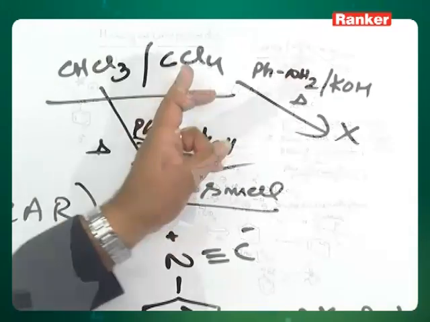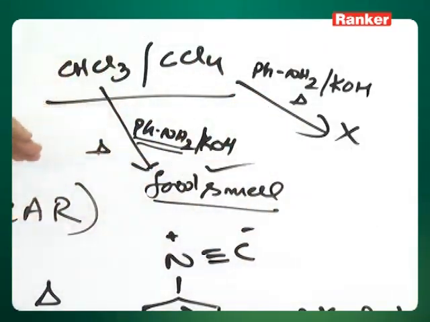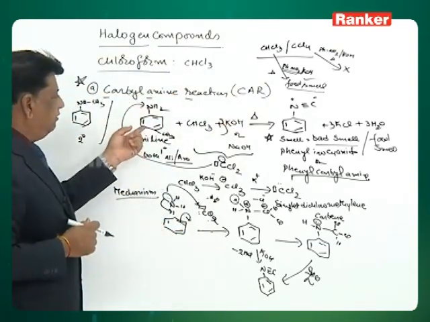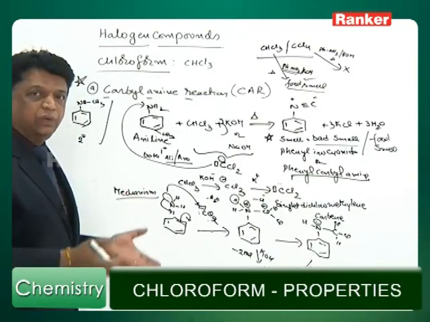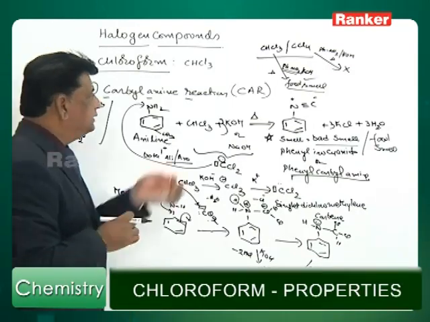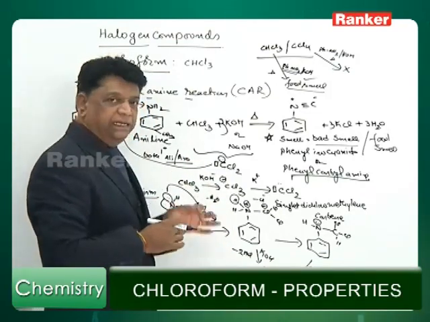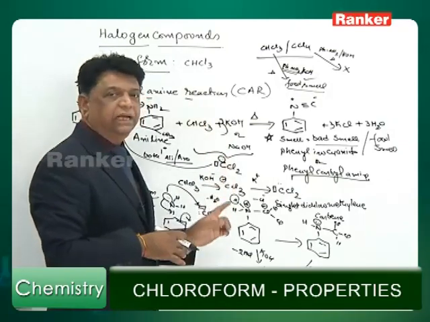CCl4 will give a negative carbylamine test, CHCl3 will give a positive carbylamine test, or a 1 degree amine will give a positive carbylamine test, 2 degree and 3 degree will give a negative carbylamine test. The test is not by seeing the color or any solid physical change, but the smell is the criterion.